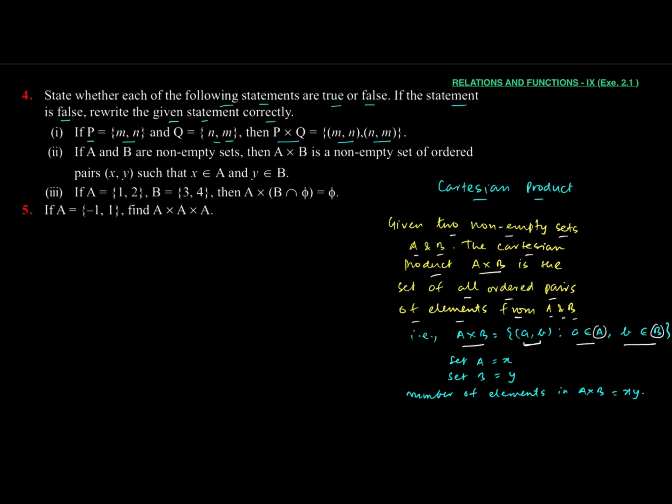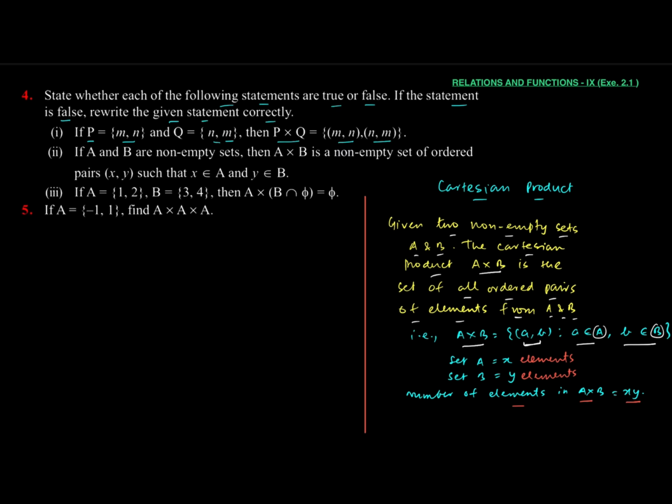We also know that if set A contains x elements and set B contains y elements, then the number of elements in A cross B will be x times y.